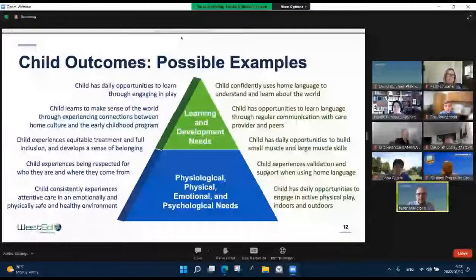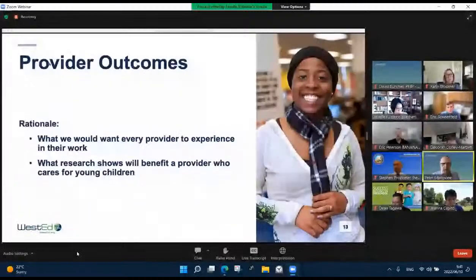Let's go to the next slide. We also need to focus on provider outcomes. And just like with the child, and I would say family, we want the same rationale for providers. They're important in and of themselves. So what would we want for every provider of our young children in California to experience in their work?